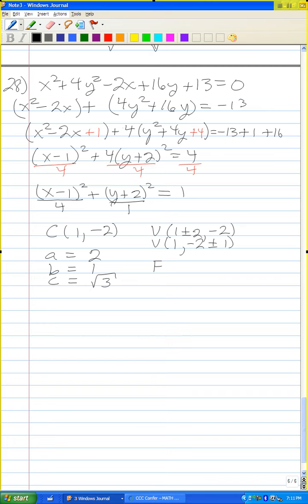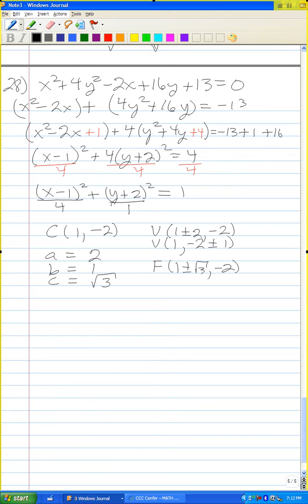The foci are located at, since 2 is bigger than 1, I'm going to add and subtract radical 3. I will add and subtract radical 3 to the x-coordinate of the center.